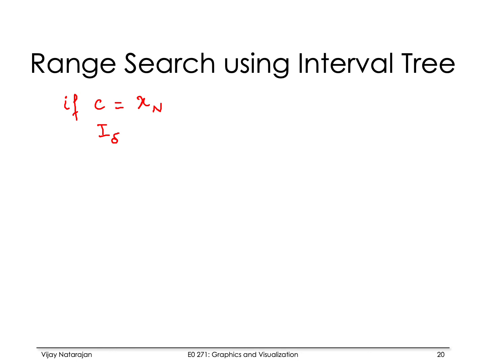So essentially I have to report all the intervals in I sub delta. So there is nothing to be done here. So after we report all the intervals in I sub delta, we exit. So we are essentially done.